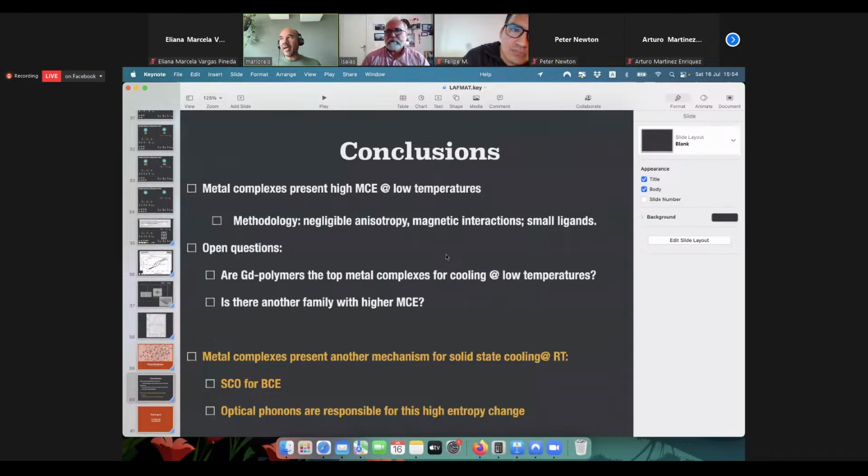People do multicaloric effects, trying to combine all of these effects. It's very common to combine ferroelectric with ferromagnetic to try to optimize the properties of the material.